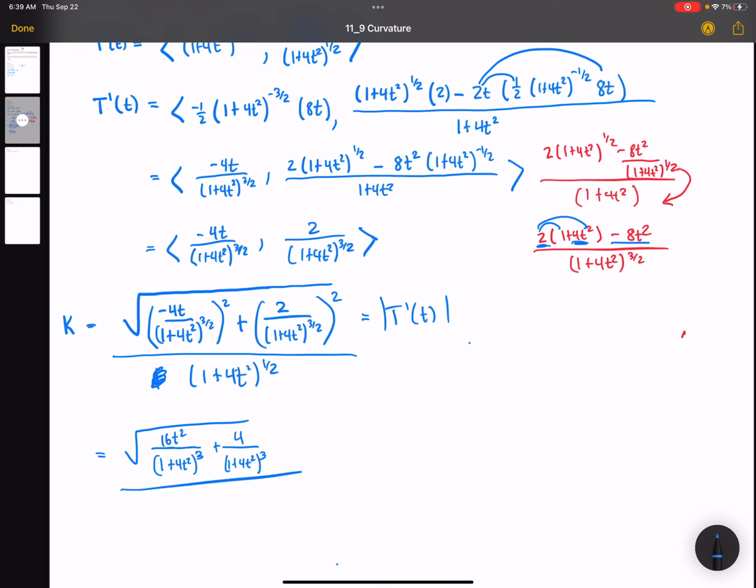And all of that is divided by the square root of 1 plus 4t squared, or we're going to write it as the 1/2 power.